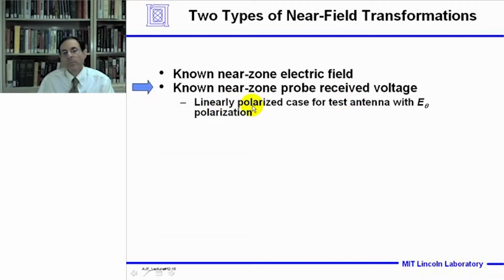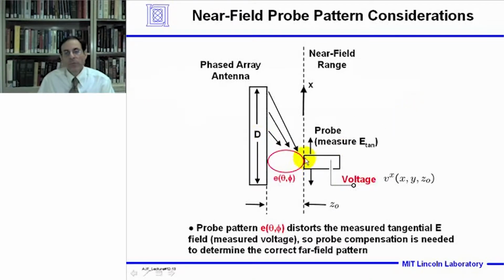Now let's consider the linearly polarized case for a test antenna with E theta polarization. In this case, the radiation pattern of the near field probe affects the near field measurements. Here we have a phased array antenna aperture, and here's the near field range. We're going to move the probe and sample the tangential electric field, or measure a voltage as a function of position of the probe.